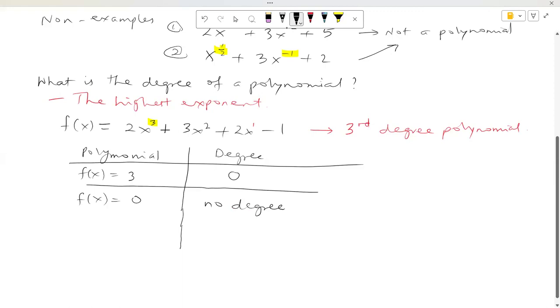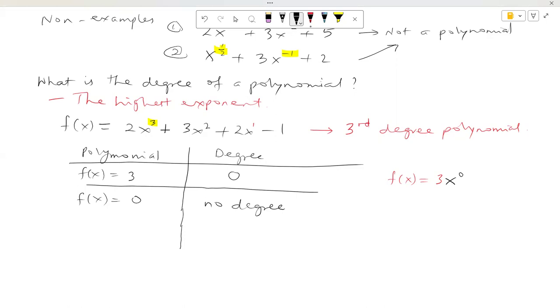Now, let's go back to the first one to explain why f of x equal to 3 has a degree of 0. If I have f of x equal to 3, remember from the rules of exponents, I can write this as 3 times x raised to the power 0. What is any number raised to the power 0? Any number raised to the power 0 is always equal to 1.